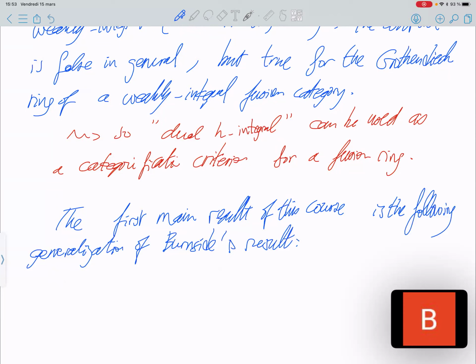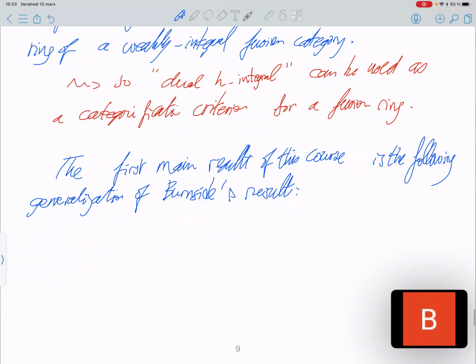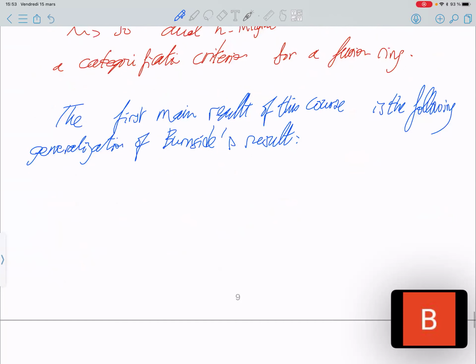Theorem 1.2. So let H be a commutative fusion ring.